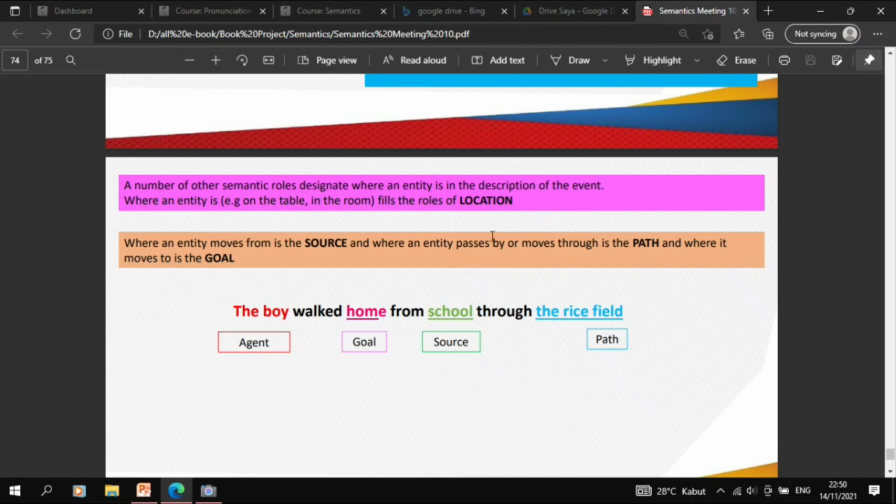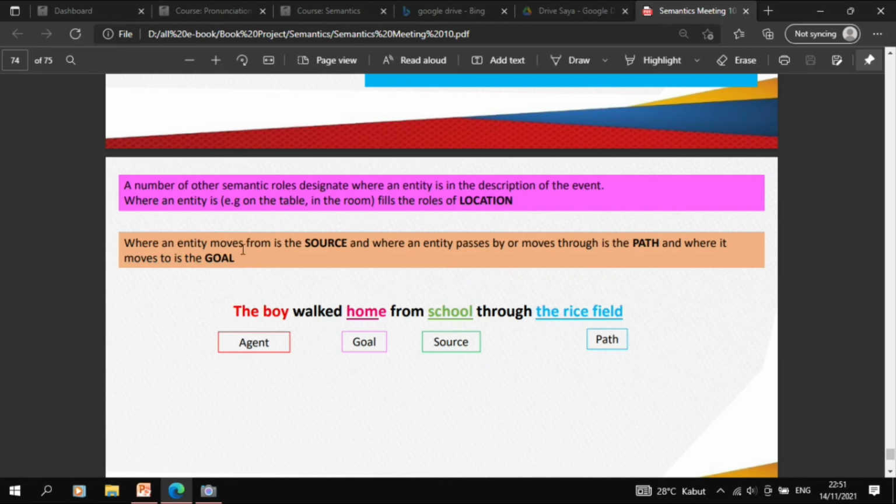But now there's a deeper explanation in other part. If the sentence is so detailed, we can analyze that into these three. We have source, path, and goal. So where an entity move from, ya, jadi ini pasti perpindahan, karena kalau dalam kalimatnya ada perpindahan sudah pasti harus didetailkan, ada source, path, sama goal. That's what we call as source.